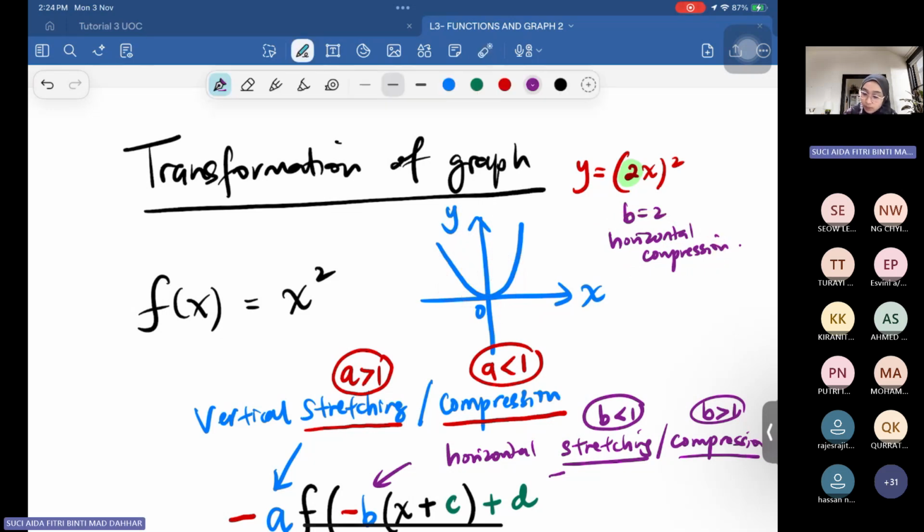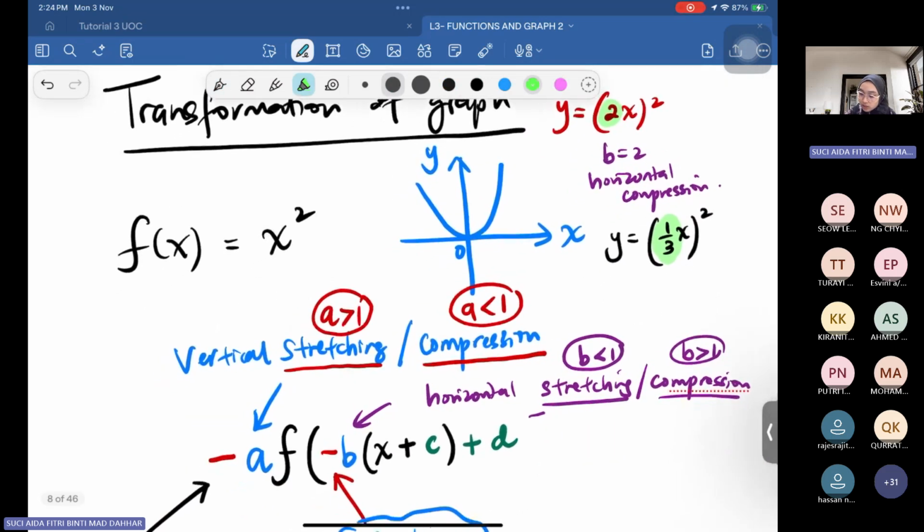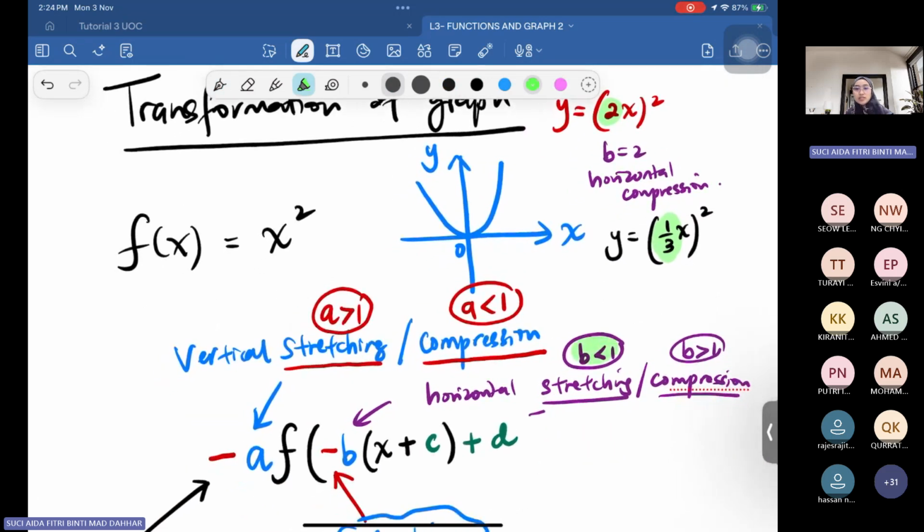Meanwhile, if I multiply my x, for example, y equals to 1/3 of x, that's squared entirely. So in this case, my b value is 1/3. The b is less than 1, correct? So this will cause the graph to become horizontally stretched because my b value is 1/3, which is less than 1.